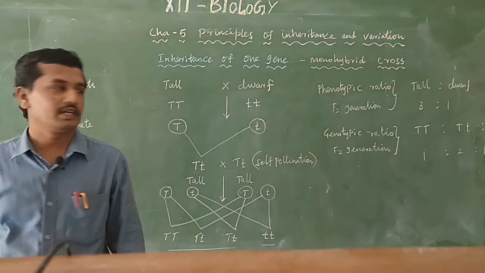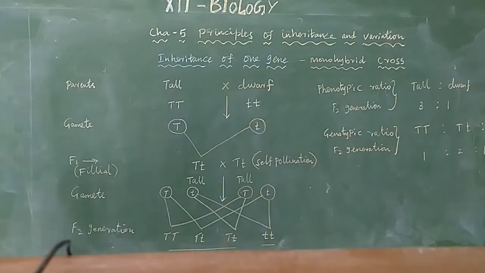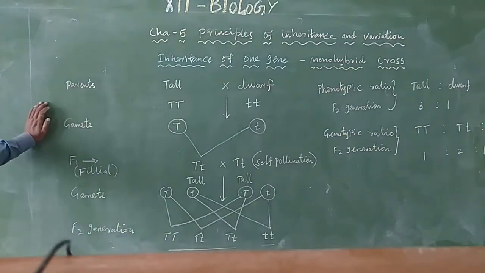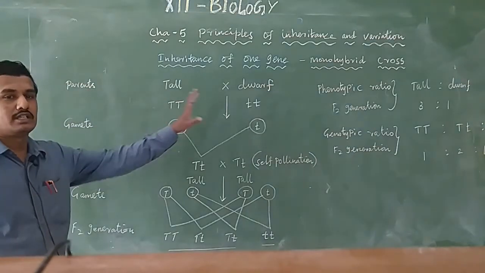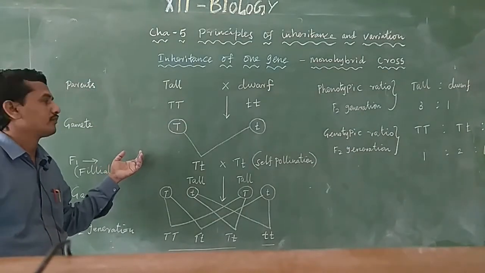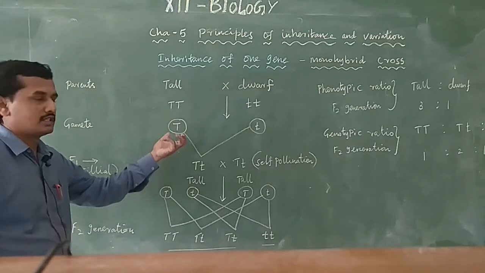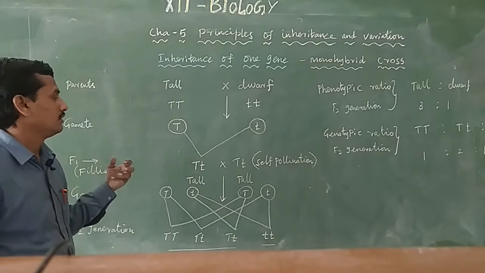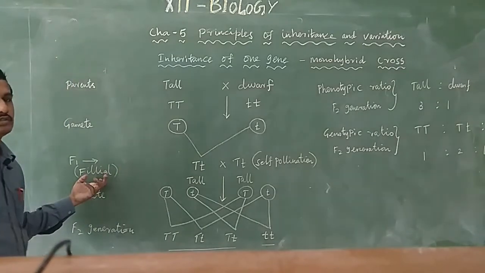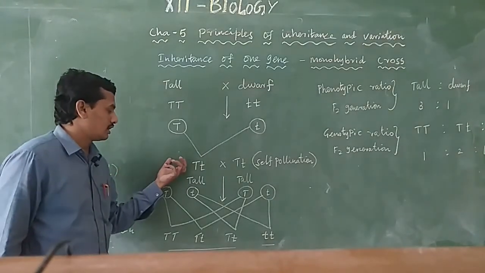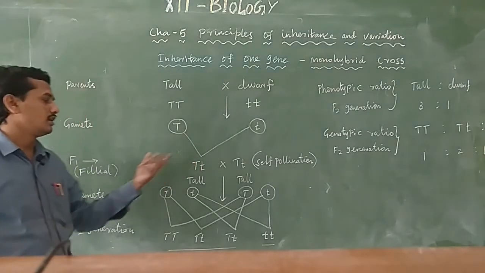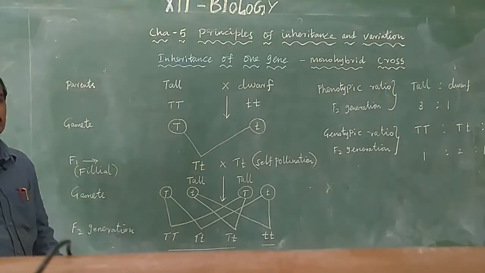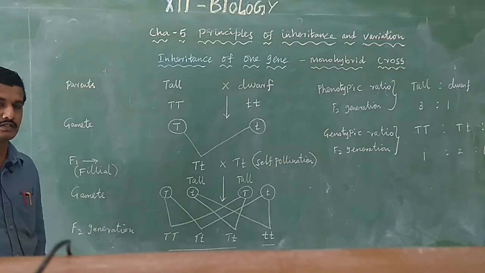So according to Mendel's concept, in monohybrid inheritance of one gene, Mendel selected a tall plant and a dwarf plant. The tall plant's pollen was taken and crossed with the dwarf plant's stigma, and the F1 generation was produced. According to Mendel, the F1 generation are all tall, only tall, no dwarf, no medium height.